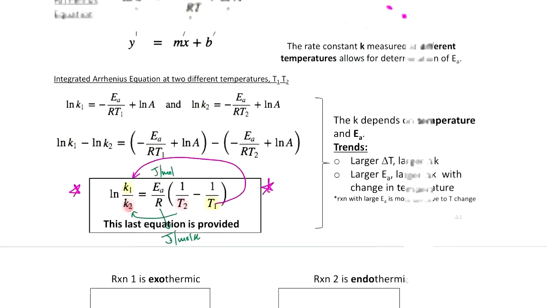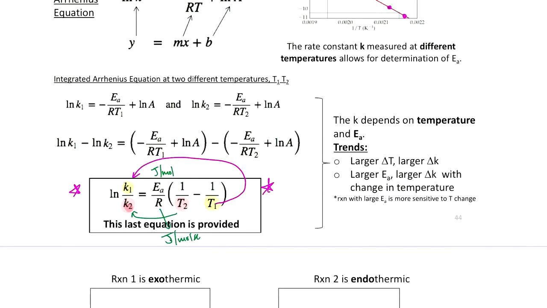All right, so the trends on this equation. I know there's a lot of stuff here, but a lot of this is kind of intuitive, okay? So if we're inspecting the rate constant at 2 different temperatures, the larger the temperature difference you're inspecting, the larger the difference of those rate constants, right?